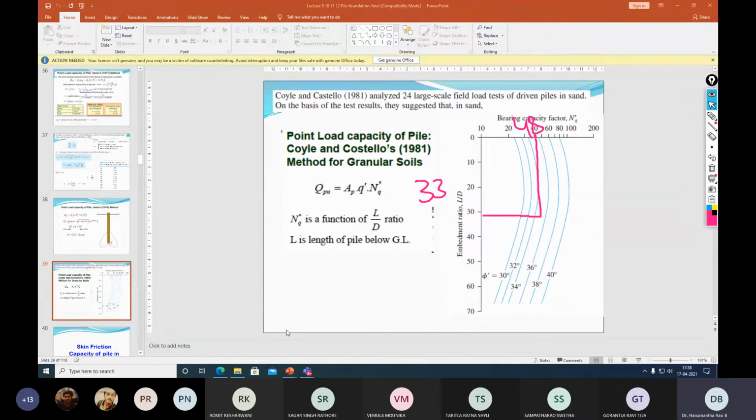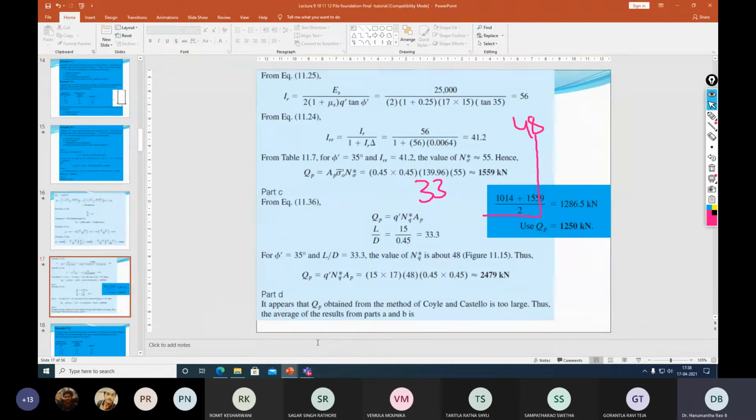So once Nq star is known, the rest is a cakewalk. q dash into Nq star into AP. 15 into 17, this is the overburden pressure, multiplied by Nq star, 48 from the graph. Then AP is the cross sectional area, 0.45 by 0.45. So what we get is 2479 kilonewton.